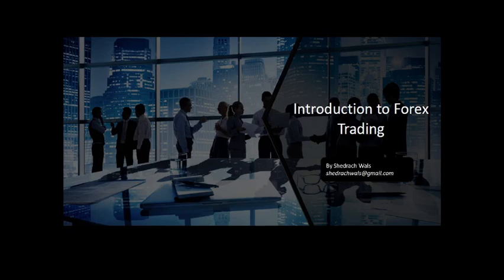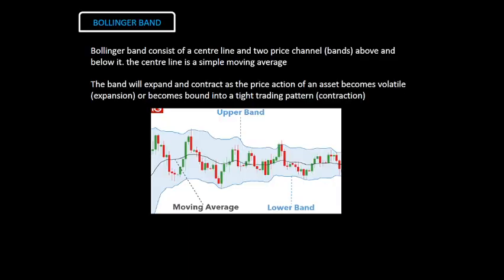In this training, we'll be looking at the Bollinger Band, a very powerful technical indicator. Bollinger Band consists of a center line and two price channel bands, one above and one below it. The one above is the upper band, the one below is the lower band, and the middle line is a simple moving average.